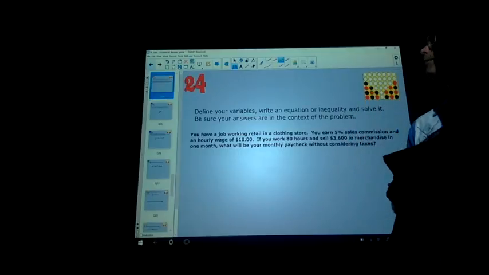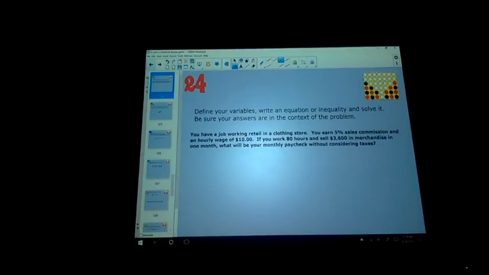Define your variables. Write an equation or inequality and solve it. Be sure your answers are in the context of the problem, so that means label it. So you have a job working retail in a clothing store. You earn 5% sales commission and an hourly wage of $10. If you work 80 hours and sell $3,600 worth of merchandise in 1 month, what will your monthly paycheck be without considering taxes?